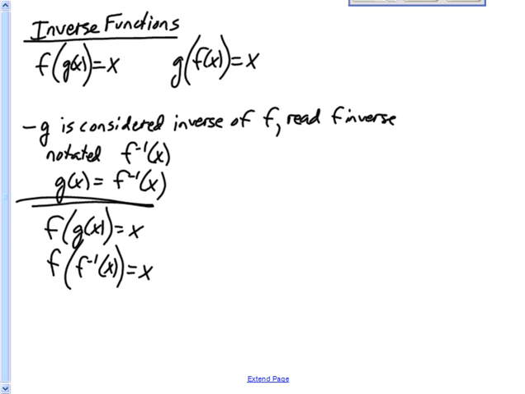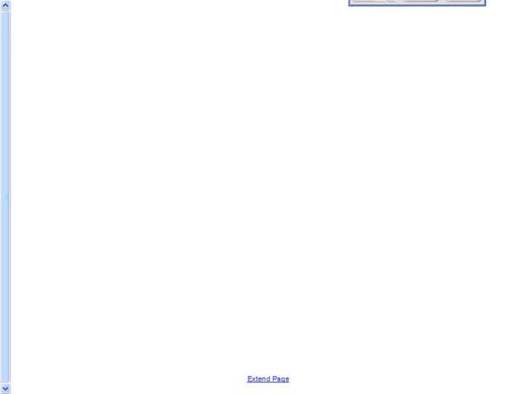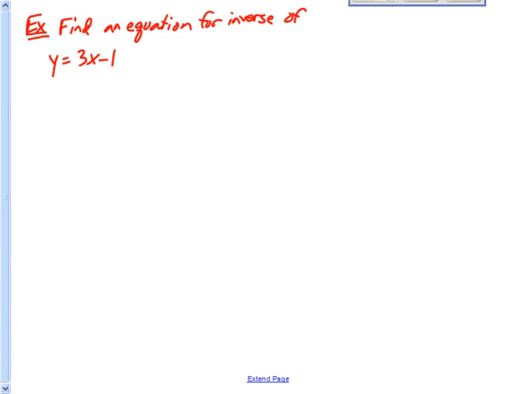Now let's talk about how you would find an inverse if you have an equation. So let's go with y equals 3x minus 1.